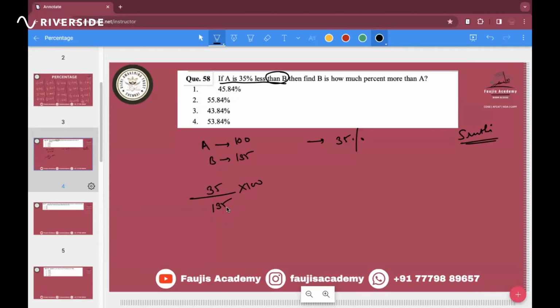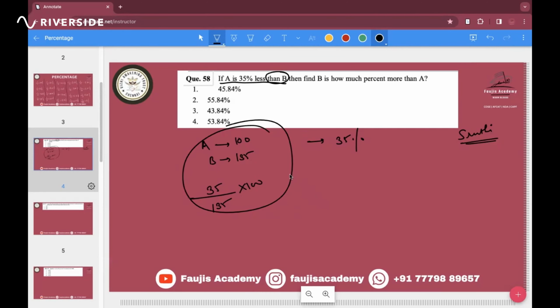Guys, I'm trying to tell you a very interesting concept where people make mistakes like hell. It's like saying buffalo as cow and cow as buffalo. So don't do it. Many people make mistakes over here. So this is not 35%. This is what we have observed.